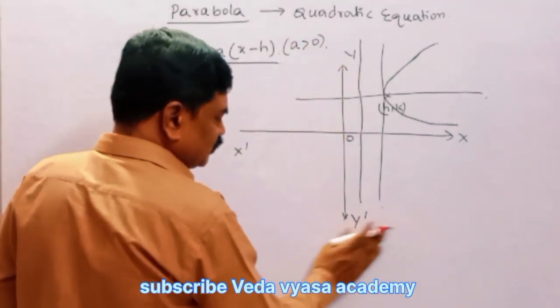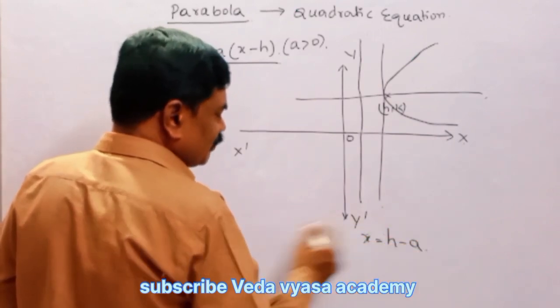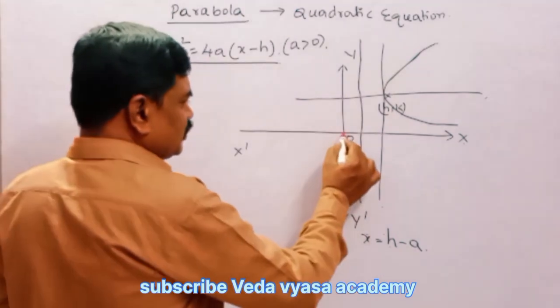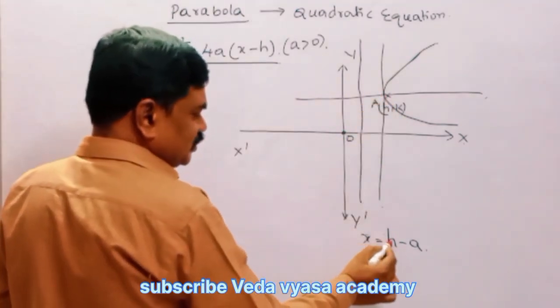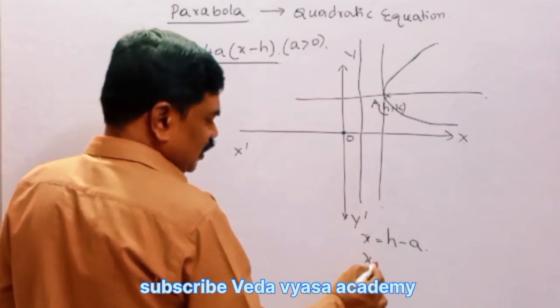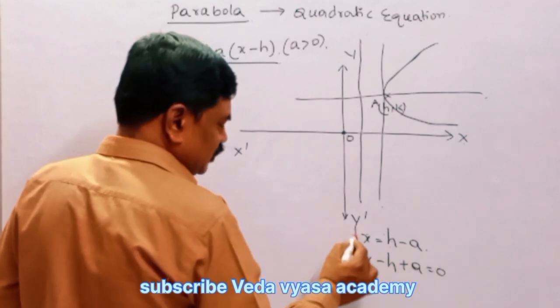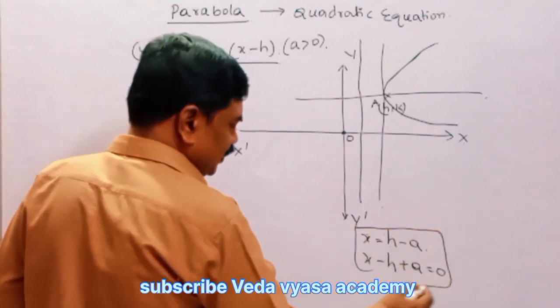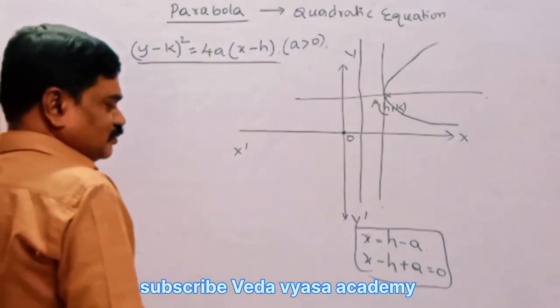X is equal to what? X is equal to h minus a. Origin is shifted to here. This is the a. X is equal to h minus a. X minus h plus a equal to 0 is the directrix equation.